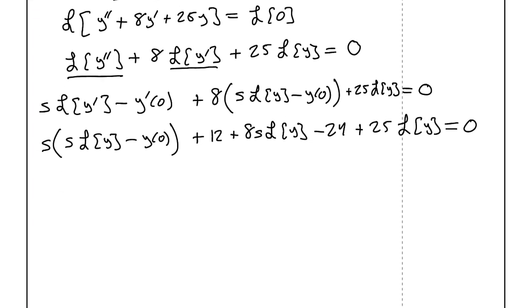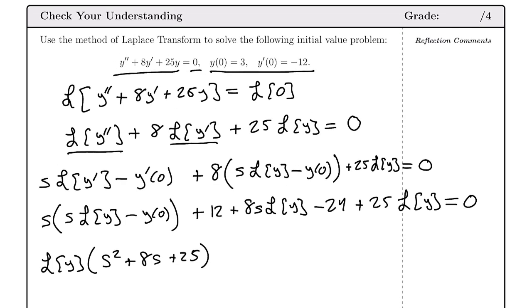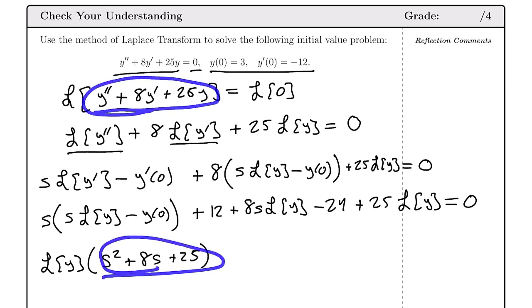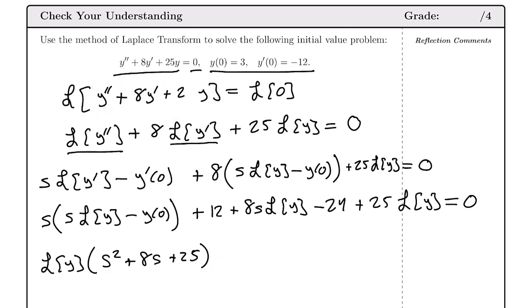And if we collect all of the L of y terms, we will have an s squared from right here, we will have an 8s from right here, and we'll have a 25 from right here. So that's s squared plus 8s plus 25. And that is, of course, the characteristic equation from the original differential equation right there.